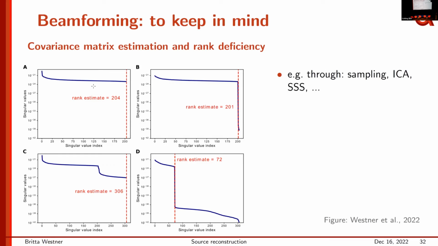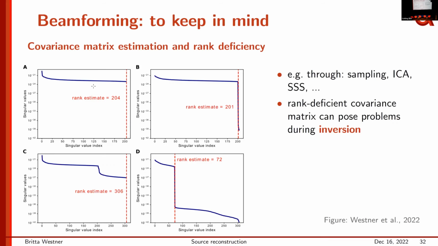You also get it if you average reference your data, you are rank deficient by 1. And as I said, that poses problems during inversion. But fear not, we can solve it, at least to some extent.